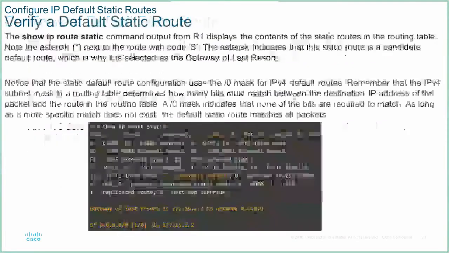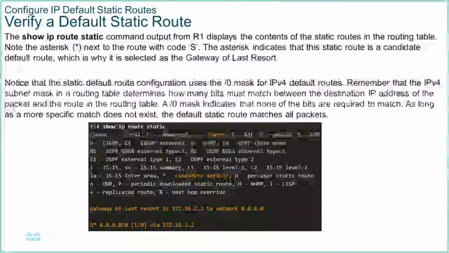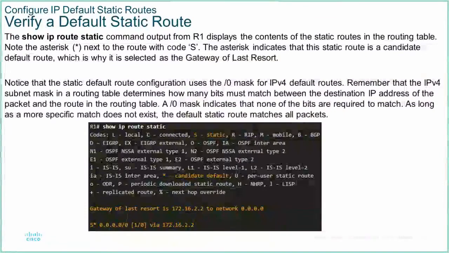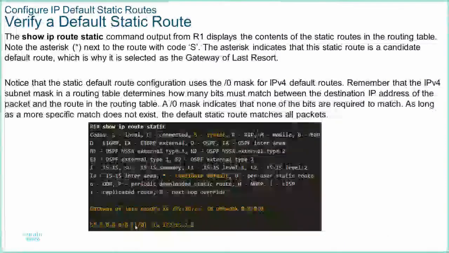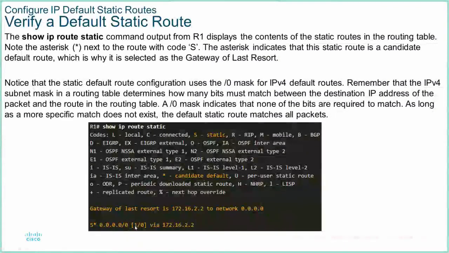So when we look at it in the routing table, it's going to be an S for a static, but it's going to have this little asterisk next to it. This asterisk means it's a candidate for the default route. Now, behind the route, quad 0, is this little square brackets. This is the administrative distance and the cost of using it.